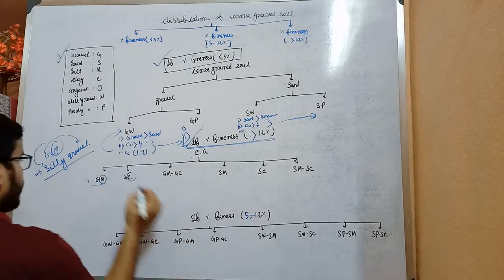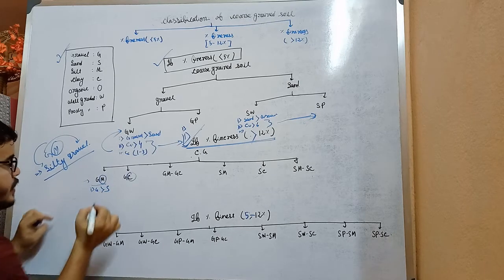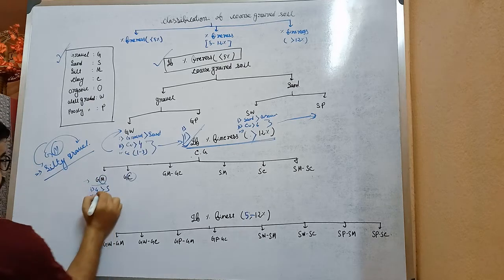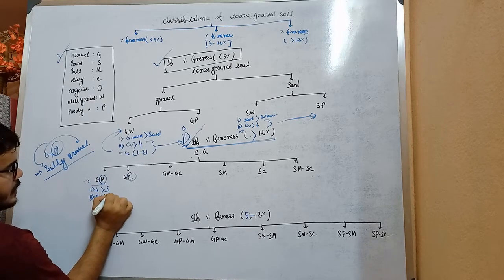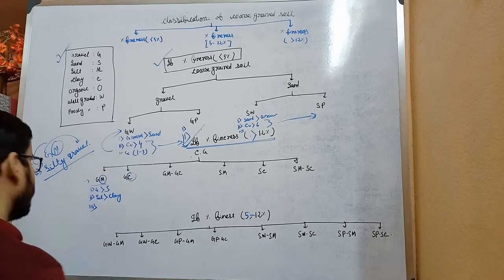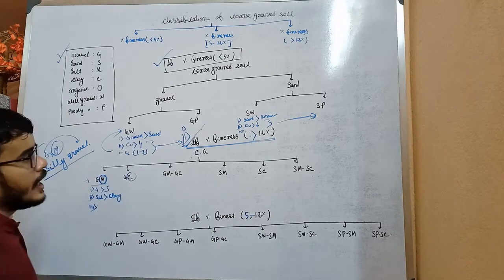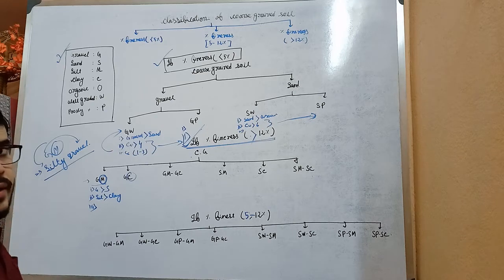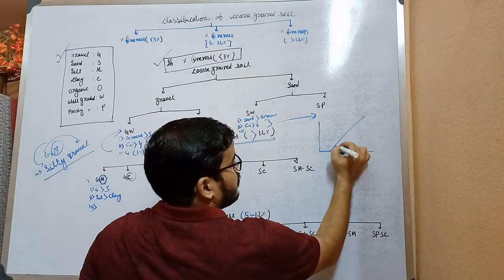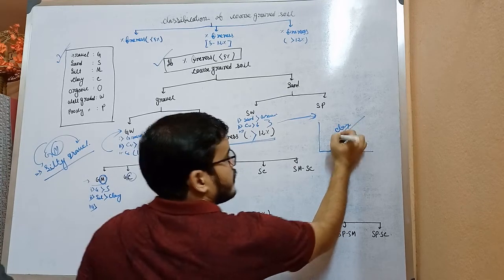Now, silty gravel means the quantity of gravel is greater than sand, first point. And second point, silt means the quantity of silt is greater than clay. Third point is, as it is a silty soil, from the previous graph that we have learned, below this line it is silt and above this line it is clay.